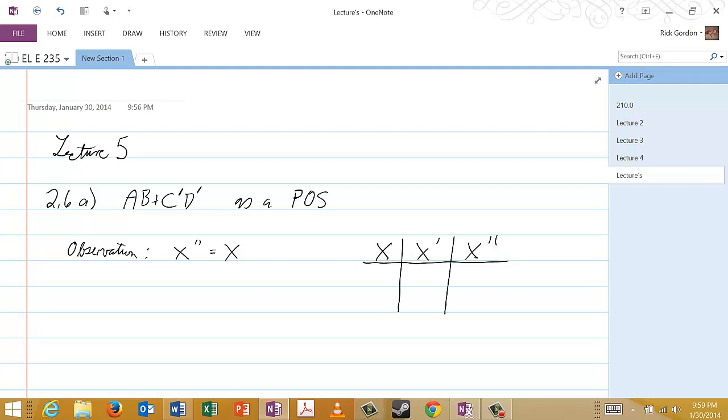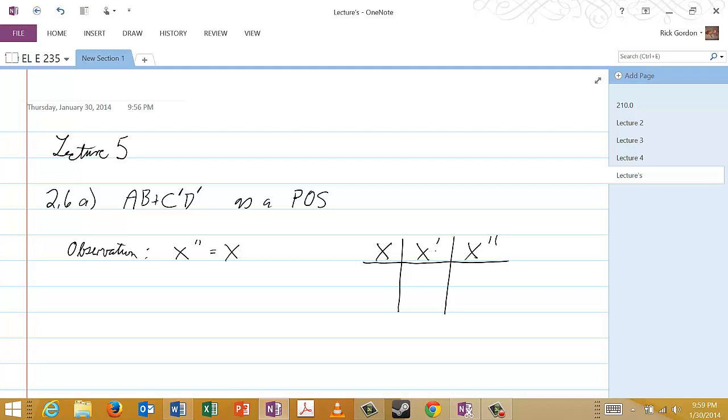So in this case, our function that we want to analyze is x complement complement. So we put the function that we want to analyze over here on the right.